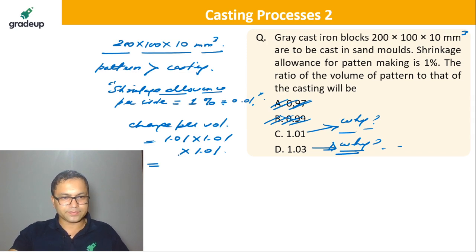So 1.01 into 1.01 into 1.01, that's what you can calculate. So shrinkage allowance per side is this one, so change per volume is going to be this one. How much are you getting?